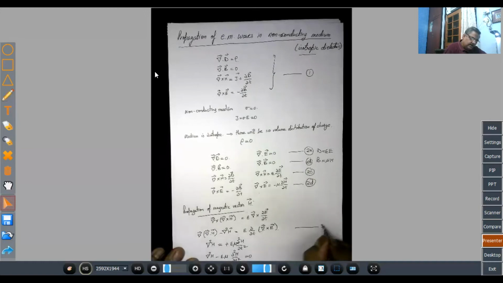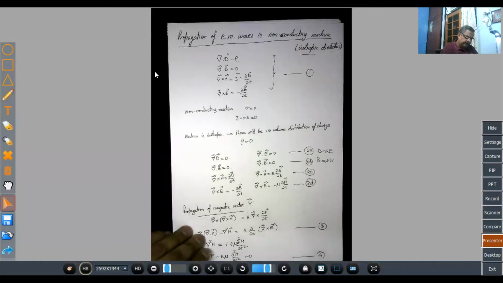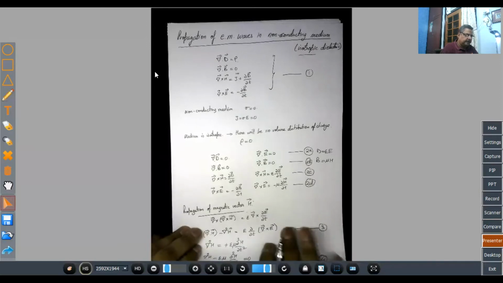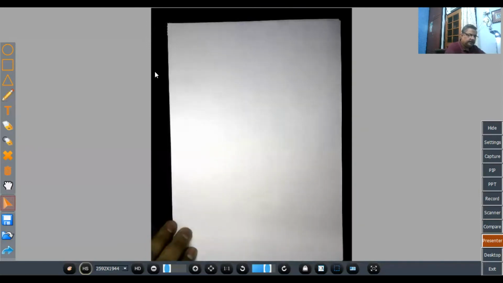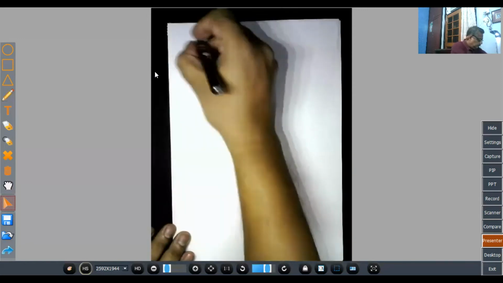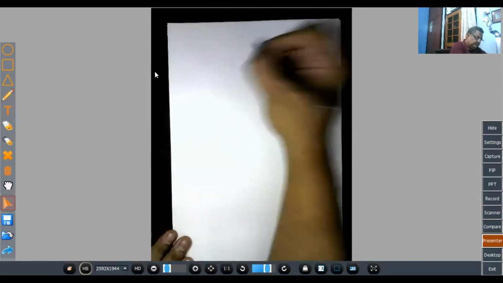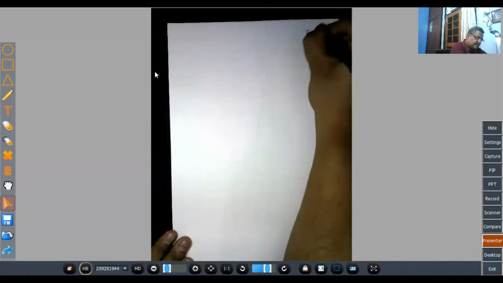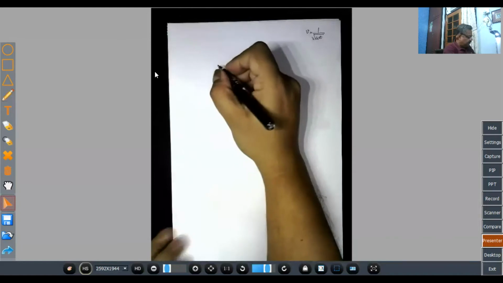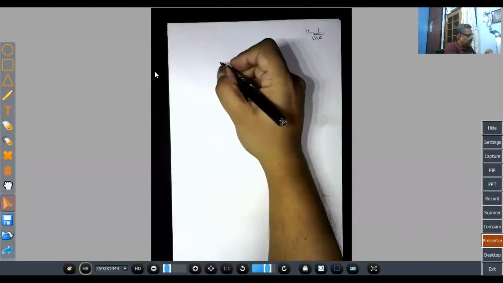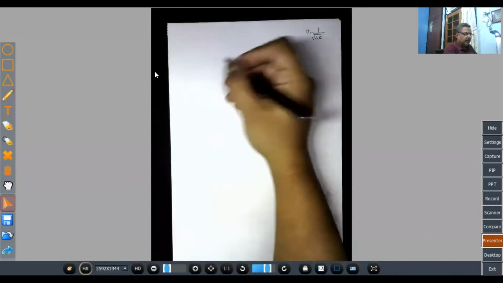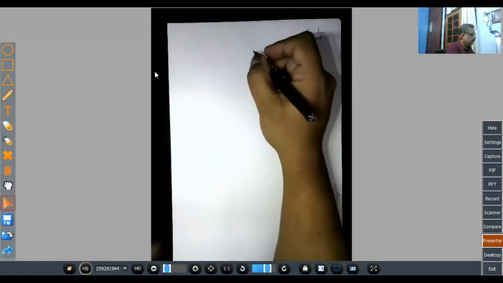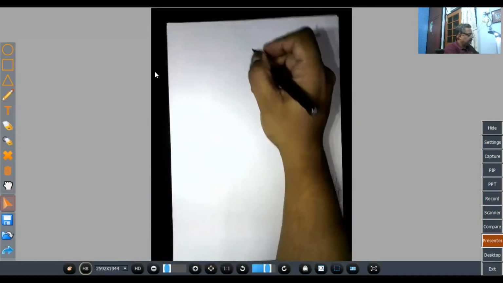It's called fourth equation. Of course, we know that the velocity of light is like this.